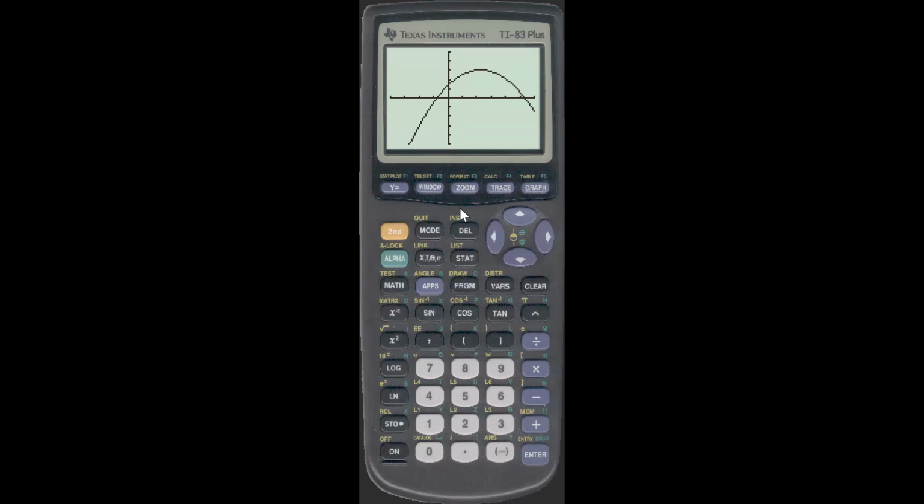Now go to second calc, zero, which is number 2. Now for left bound this time, you want to go to the left until you're below the x-axis.